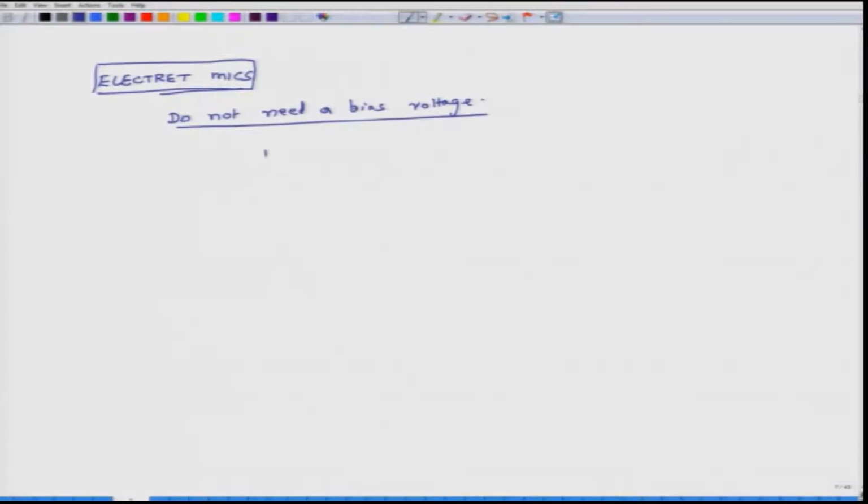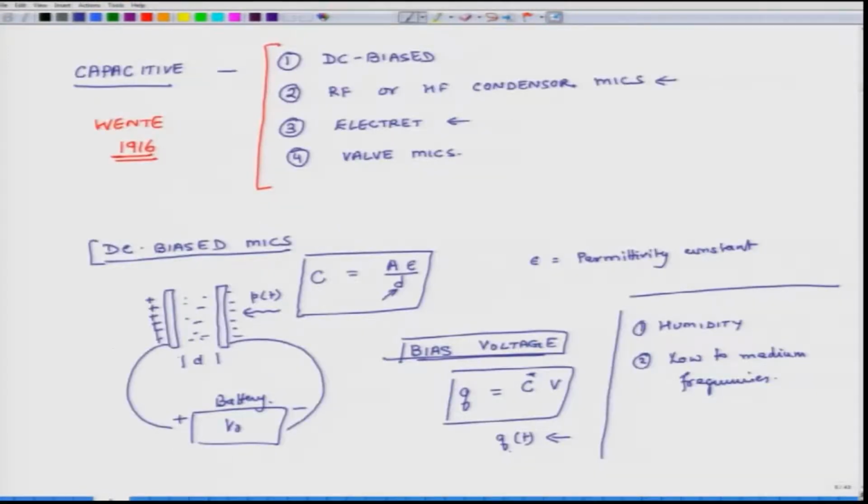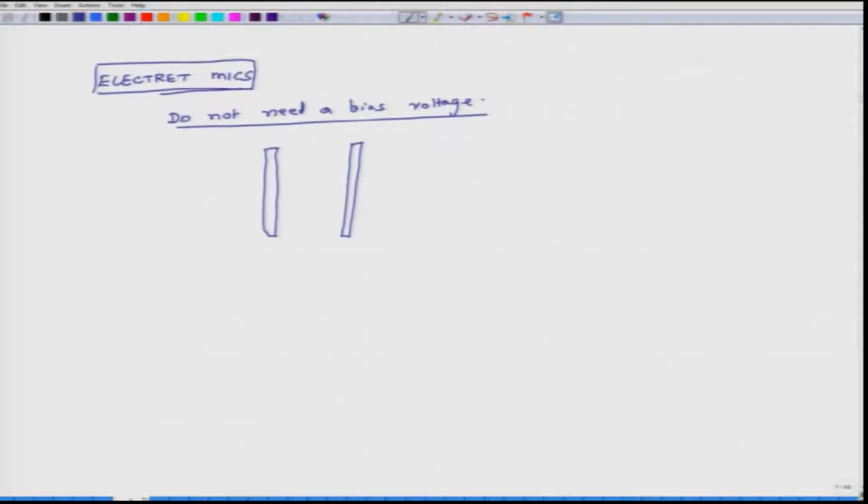They still have two plates, but in case of DC biased, you have to apply an external voltage to generate this basic charge. Here, when you purchase a microphone from the shop, the charge is actually already deposited on it because of a manufacturing process.